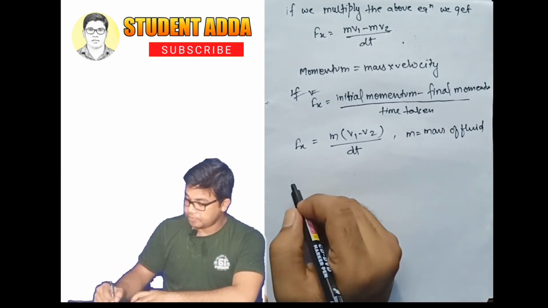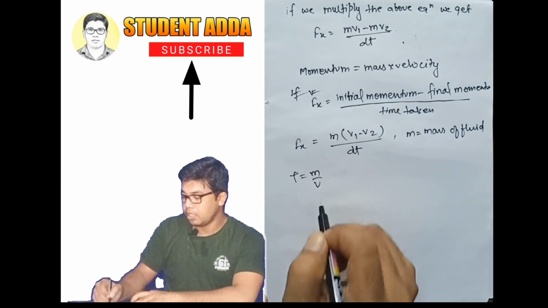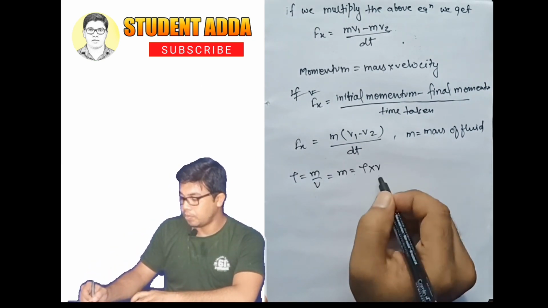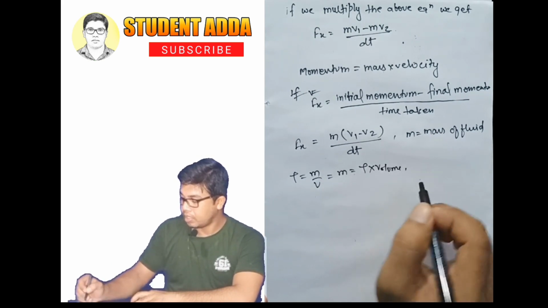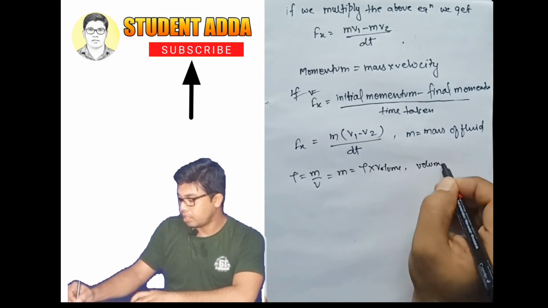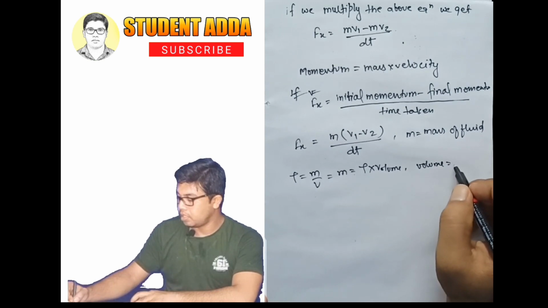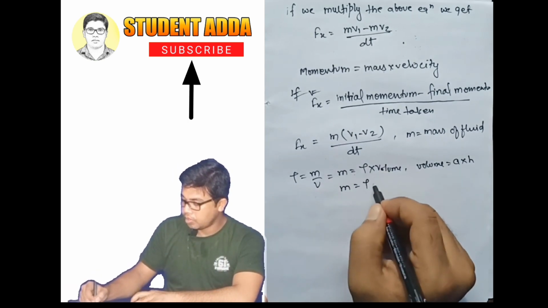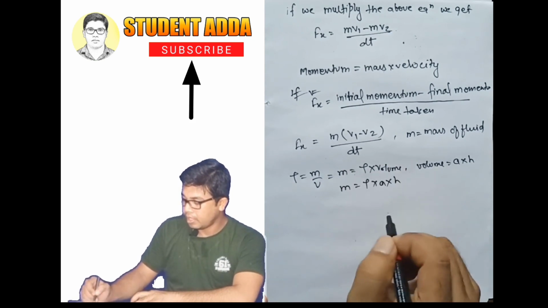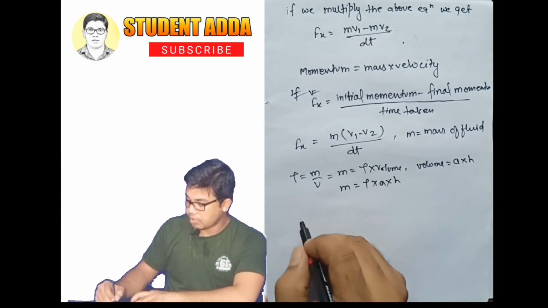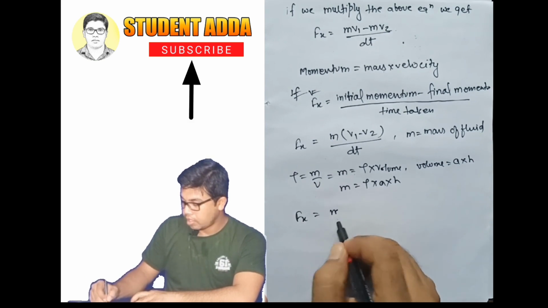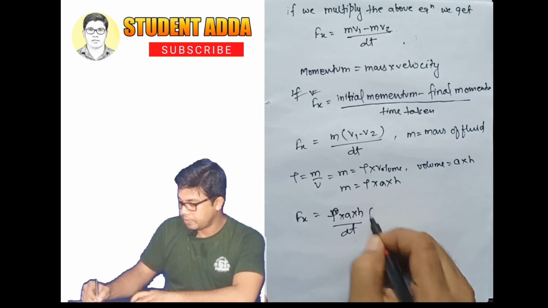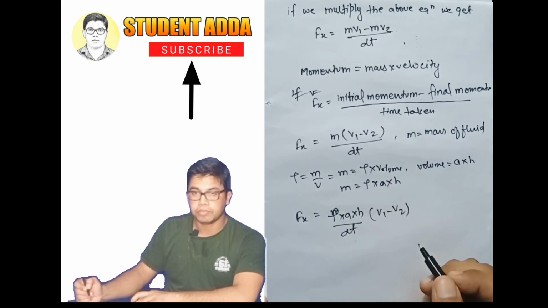Now we know that density equals mass upon volume, so mass equals density into volume. Again, volume is equal to area into height. So mass will be rho into area into height. If we put this in the equation, we get Fx equals rho into a into h upon dt, into v1 minus v2.